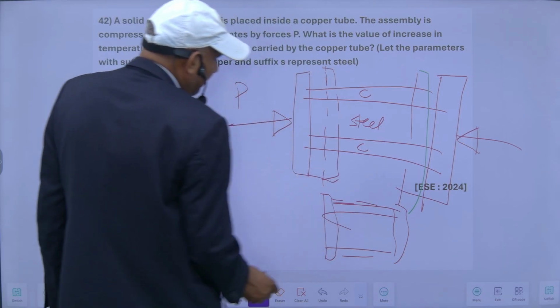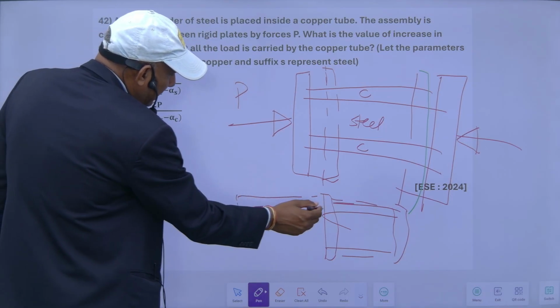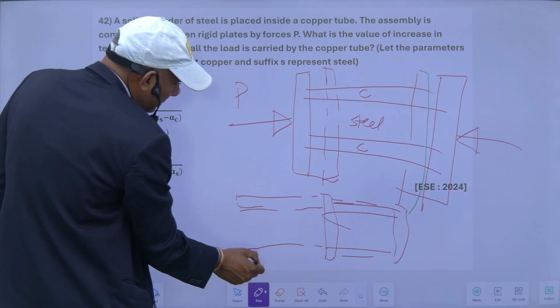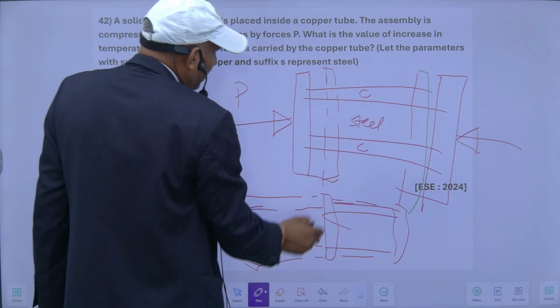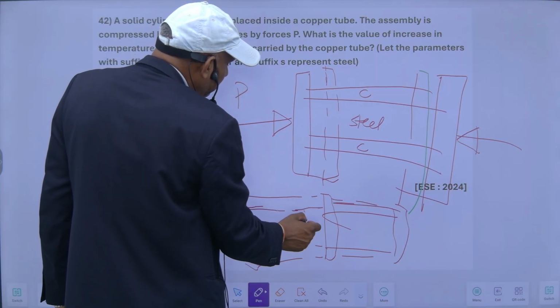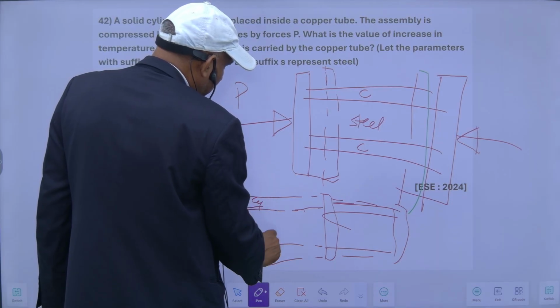If I increase the temperature, then obviously it will elongate like this, and steel will not elongate much. So elongation in copper obviously will be more.